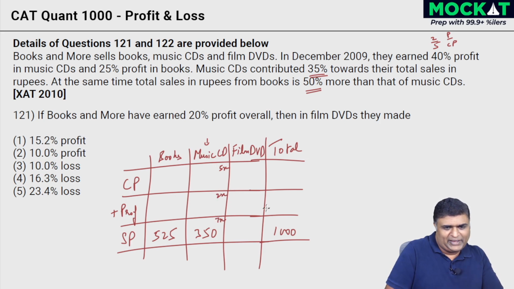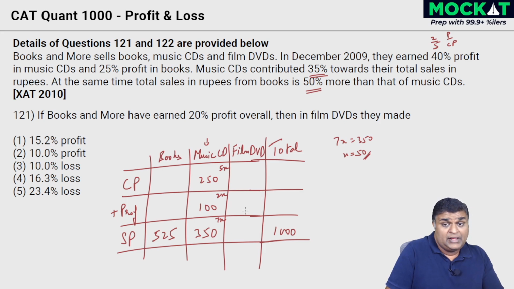I'm going very slow, but if you understand these, you should be able to solve it very quickly. 7x is 350, so x is 50 rupees. Ideally you shouldn't be writing these outside. So x is 50, 5 times 50 is 250, and 2 times 50 is 100.